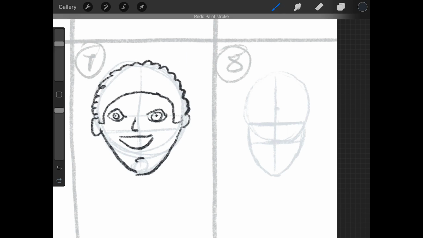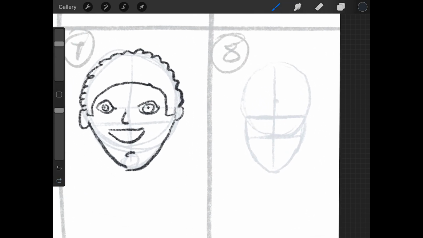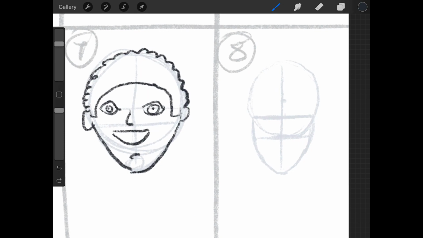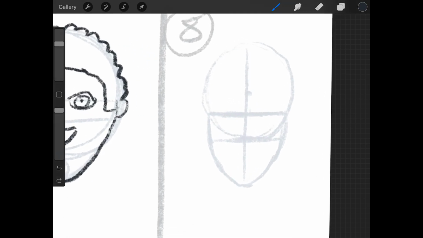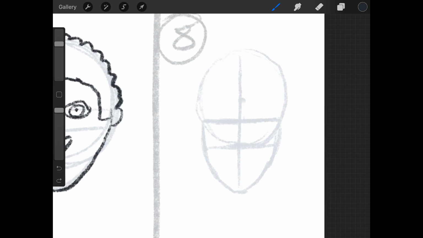Oops, too far. Okay, so in this last one, we see these are the actual proportions of a human head. If you followed along and did this correctly, which is really super simple, it's just the distance between the center of the cranium and the bottom of the circle is the same as the distance from the bottom of the circle to the bottom of the chin.